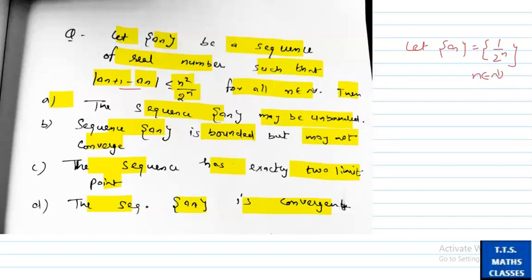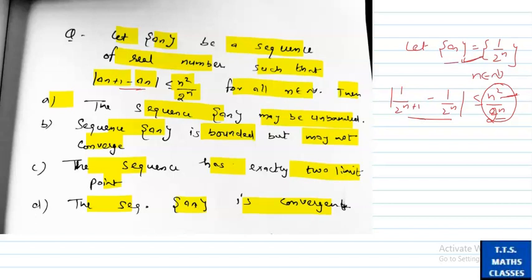If we put this value in that result, clearly it is less than n square upon 2n, because in the numerator there is n square and in the denominator there is only 2n. So if we take the difference and take the modulus of this difference, then definitely it is less than n square upon 2n. Therefore this particular sequence satisfies that result, so we can take it.